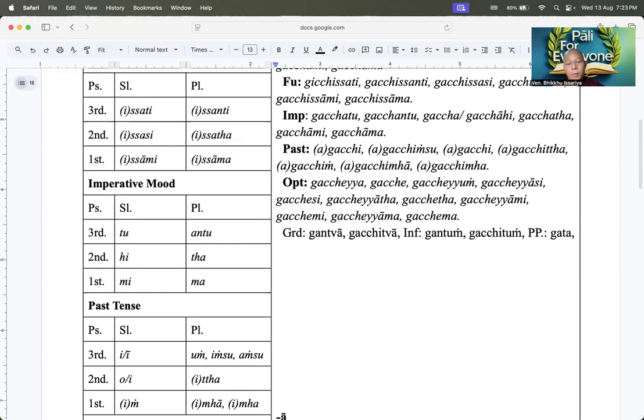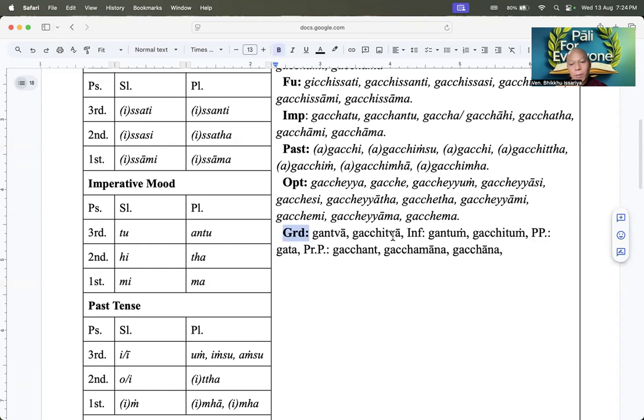And then the present participle is gachant, and then gacha mana and gachana, like that. Whenever we find such a verb, we should practice with the whole verb system.